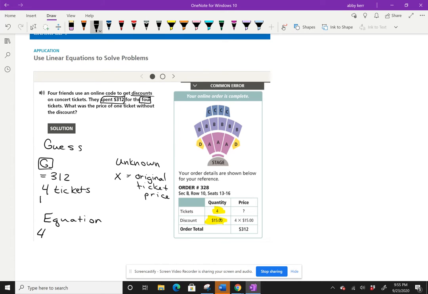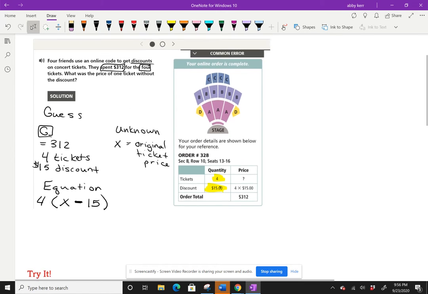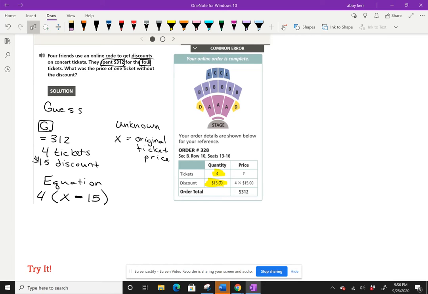So in the given, $15 discount. So that's going to be important. So the original amount was actually x. And then take away that $15 to find how much the original was. And then we are going to equal it to 312.